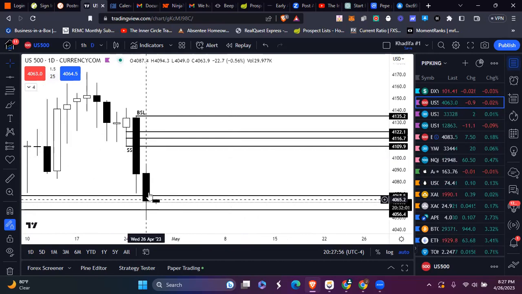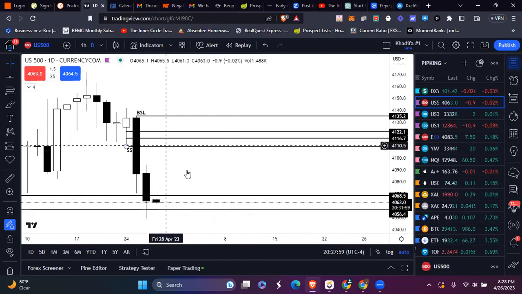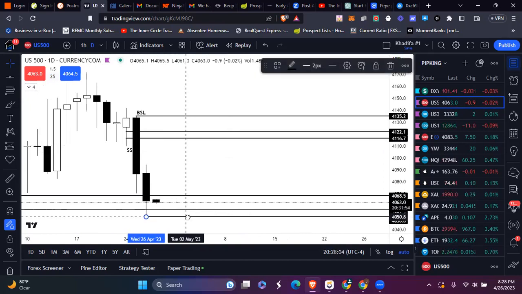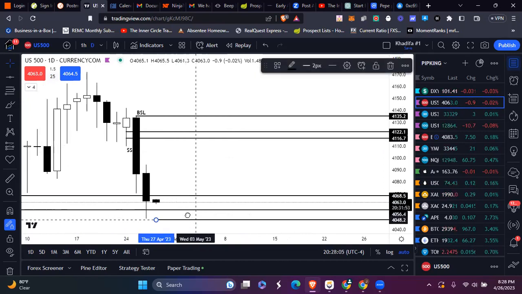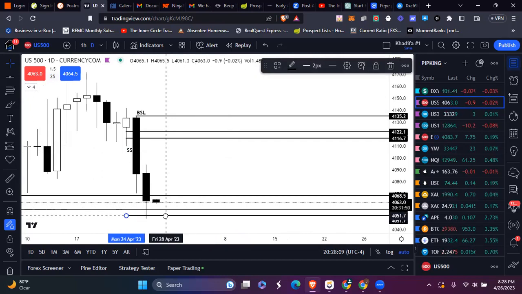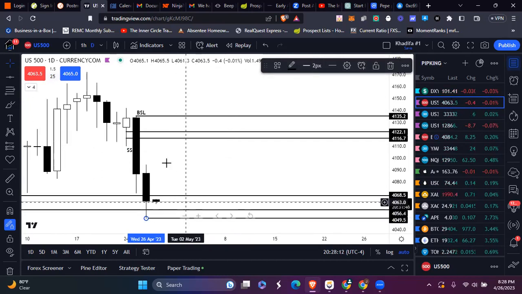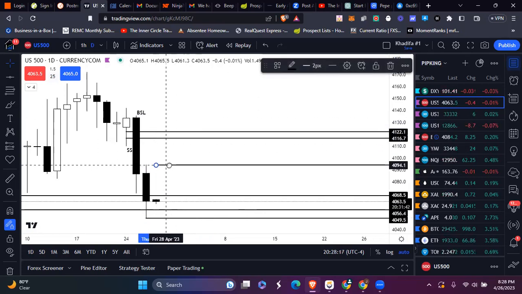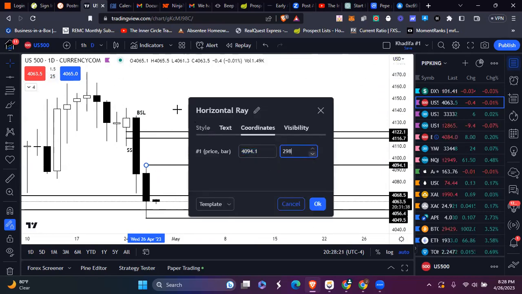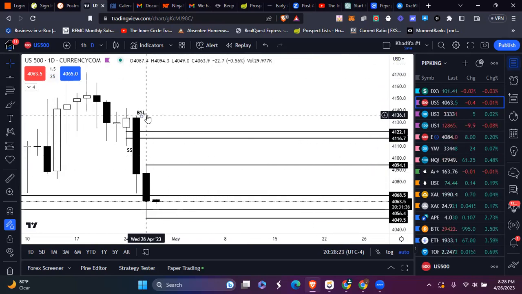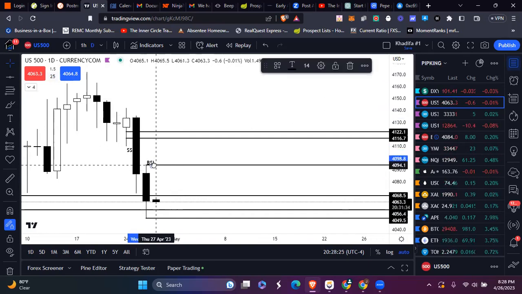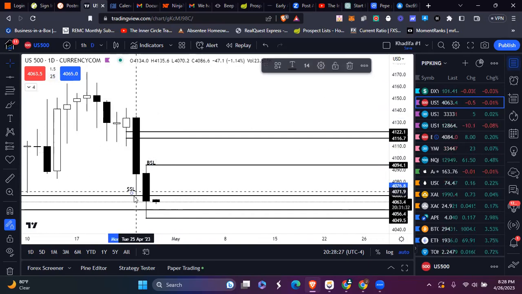We came down into that today, and I'm expecting us to pull back up into a premium level, premium array, and then examine price when we get there to see how price reacts to those levels.